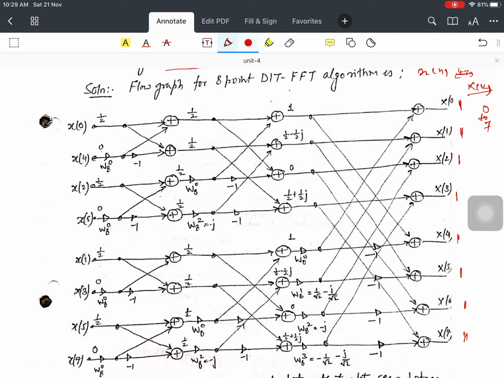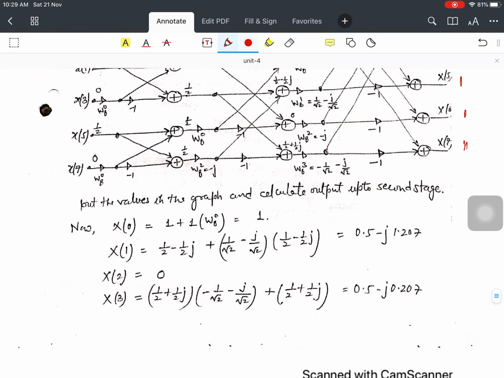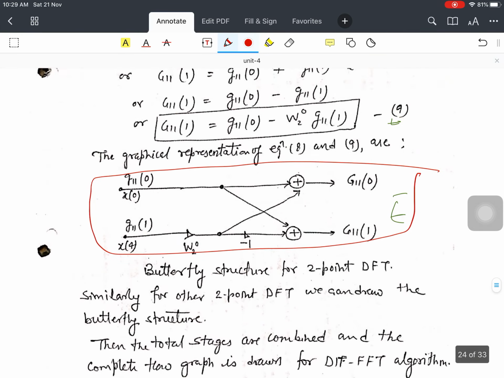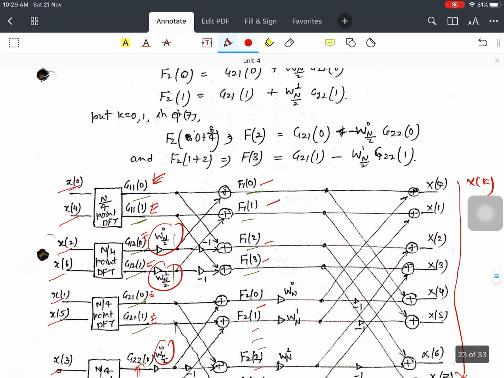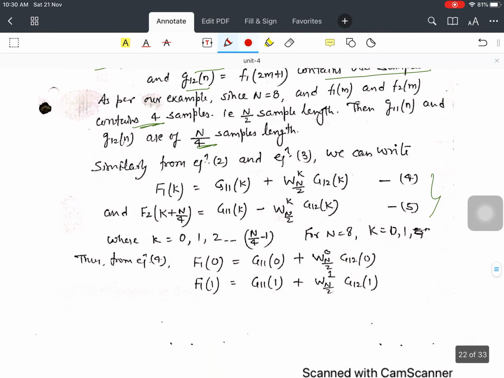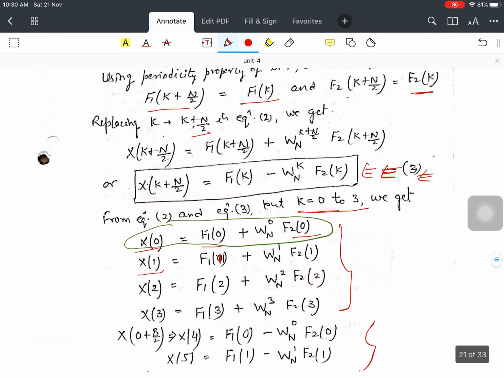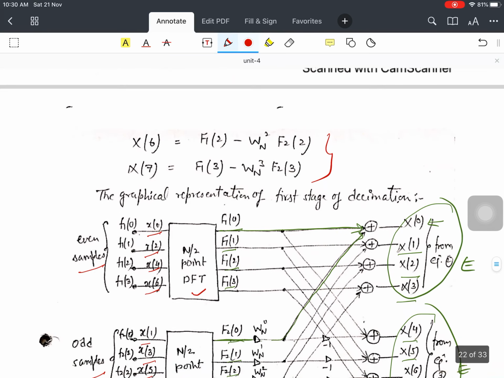Now, if you remember, in the previous lecture we saw this equation. You can check in this diagram what the equation was. If you are going to calculate X0, it is nothing else but F1(0) plus W_N^0 into F2(0). How did we design it?